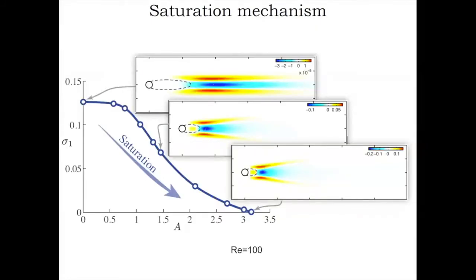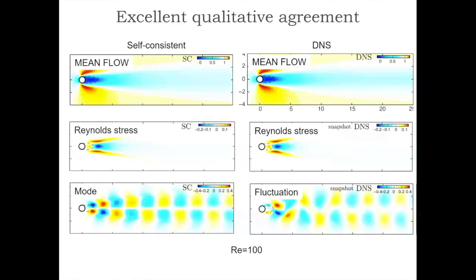It does reasonably. Here you see the evolution of the Reynolds stresses, which are responsible for that saturation mechanism. Initially they look exactly like those computed from the perturbations on the base state, and progressively they migrate upstream. Now a comparison between this self-consistent approach, its mean flow at Reynolds 100, the associated Reynolds stresses, and eigenmode, compared to the DNS mean flow, Reynolds stresses, and fluctuation.